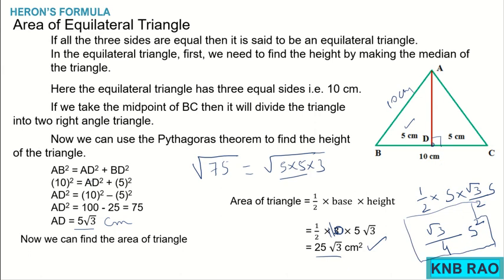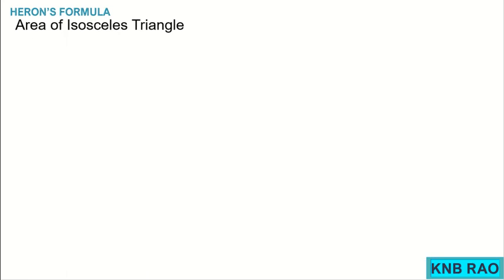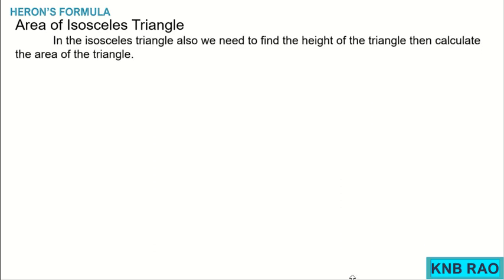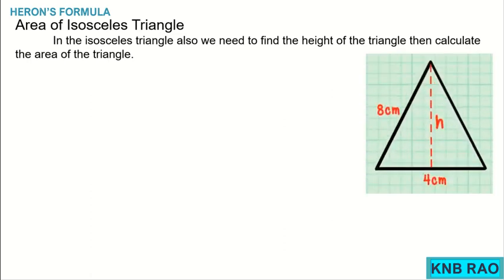Then another special type of triangle is an isosceles triangle. In an isosceles triangle, any two sides are equal. So, we shall take a figure. Here is an isosceles triangle. Let us say it is isosceles triangle XYZ.